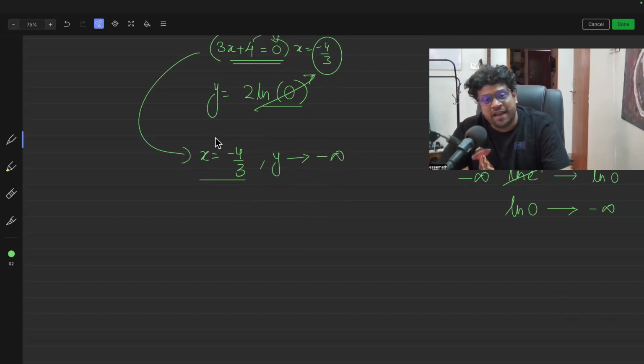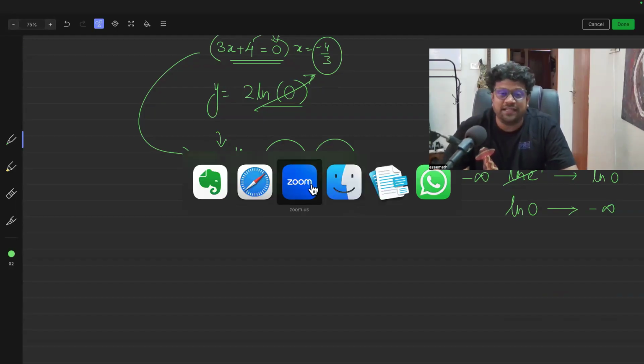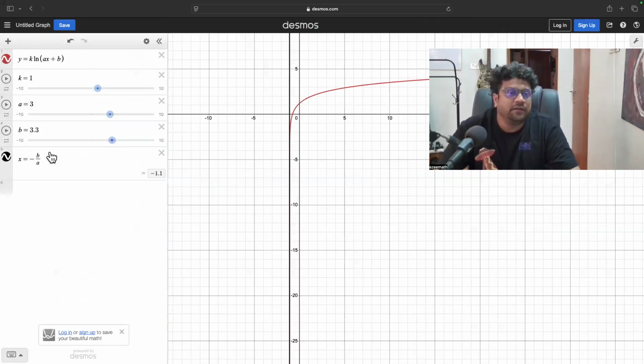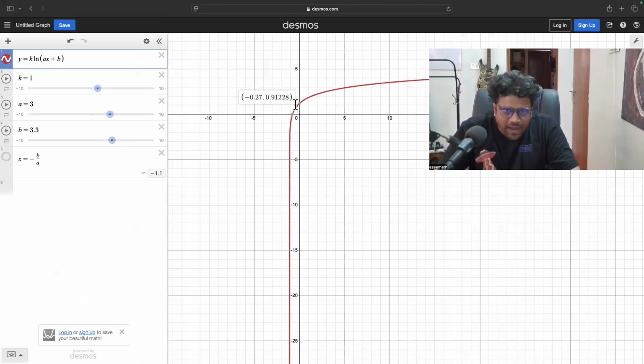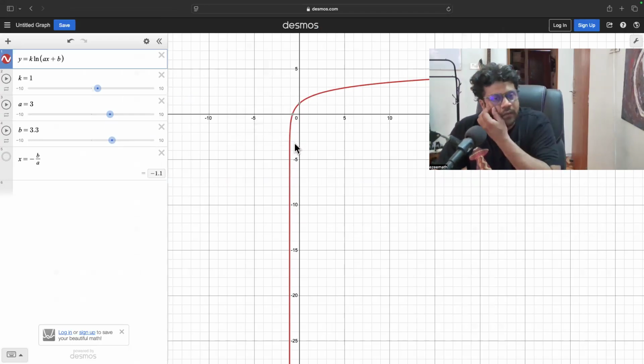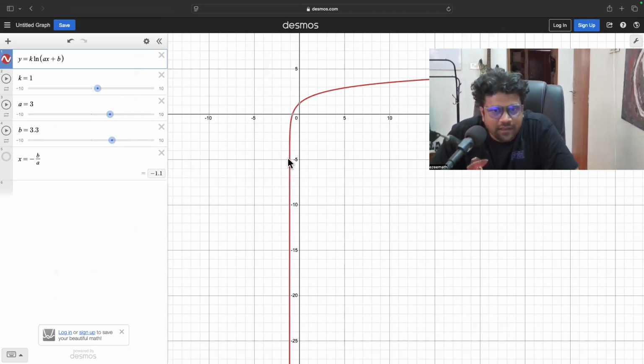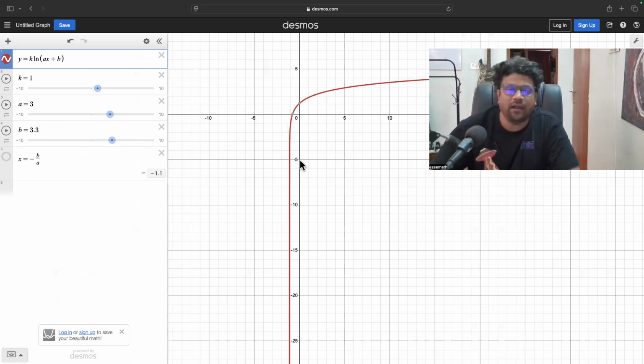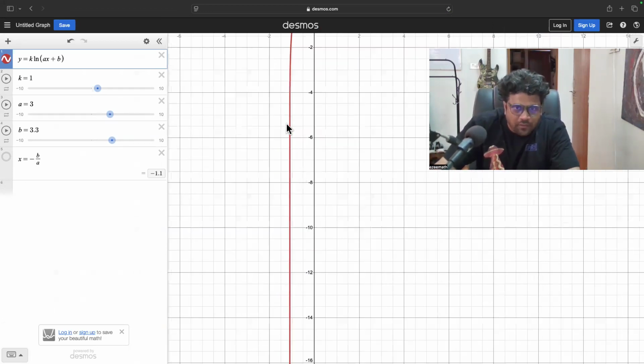The point is, when x becomes minus 4 by 3, y becomes a very large negative number. And you can actually see that happen on the curve. Look at that. I'll remove the boundary. Right when x approaches a value of minus 4 by 3, look at that. It's not letting me go down there.